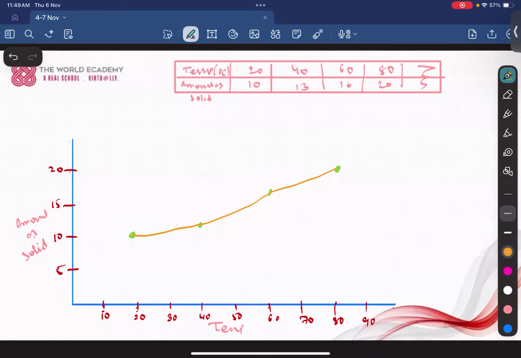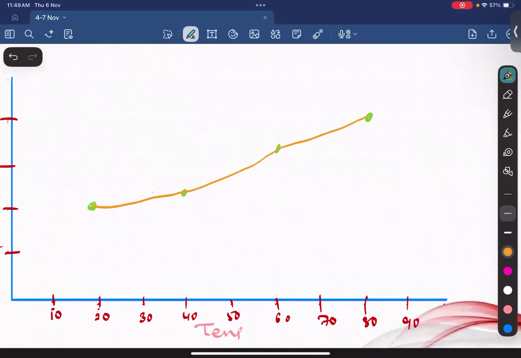Use your solubility curve to make an accurate estimate of the solubility of solute at 52 degrees Celsius. So when you are plotting it, you may plot in graph paper. You heard about it? Graph paper? So in the graph paper, there will be several divisions. So you need to count too. You just need to make one point here.